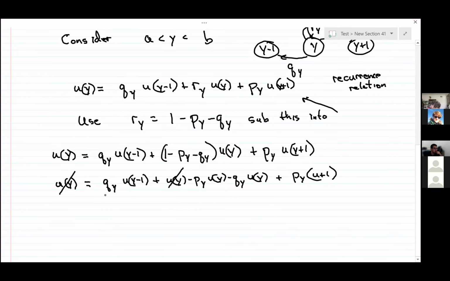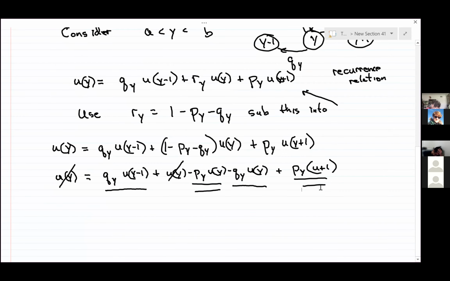So group this first term with the third term, and then group the second term with the fourth one. And if we do that grouping, we already have 0 on the left side. And grouping this one with this one, there's a common factor of q sub y.